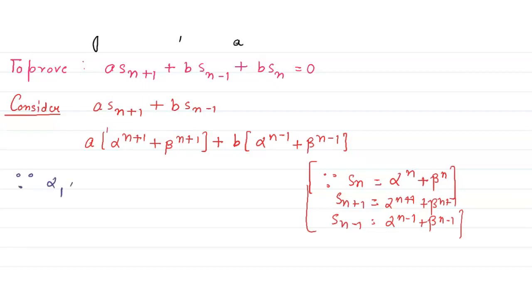Now since alpha, beta are roots of ax square plus bx plus c is equal to 0, they will satisfy this equation.